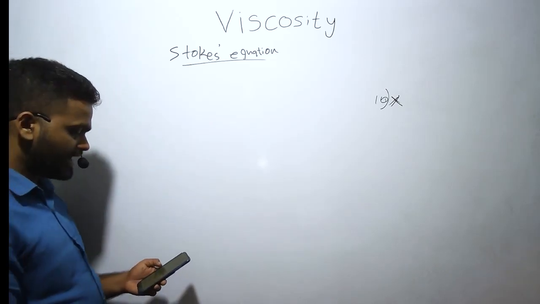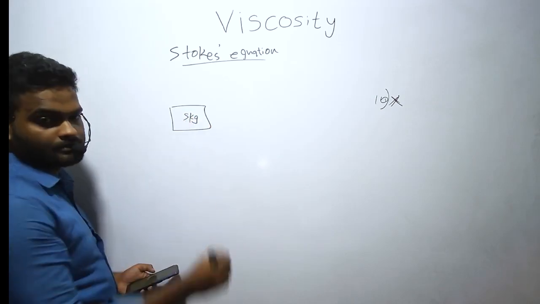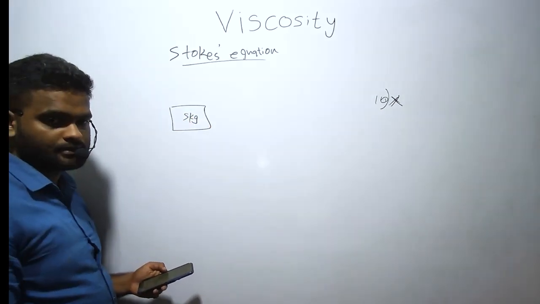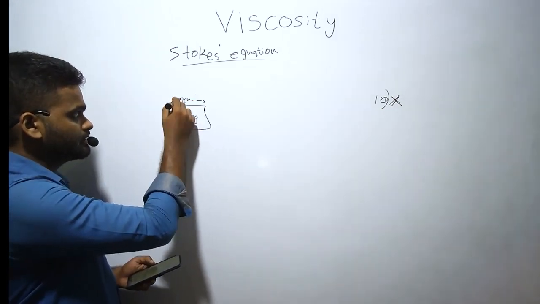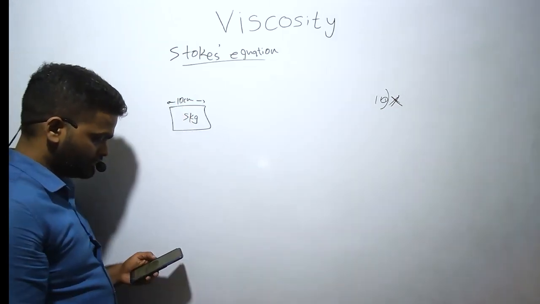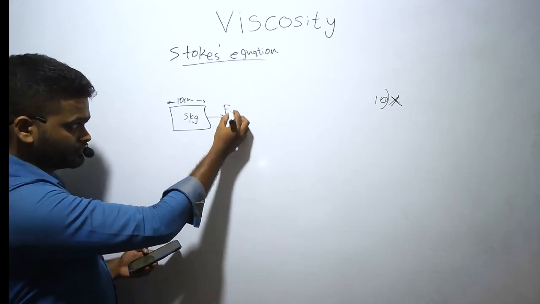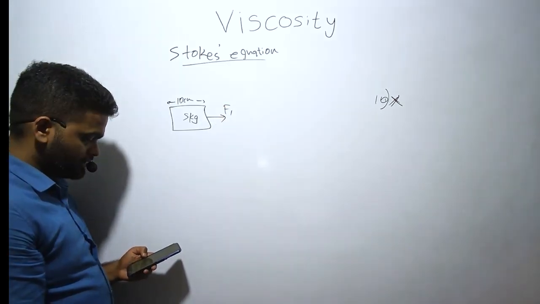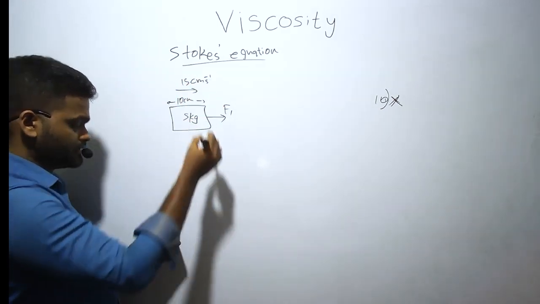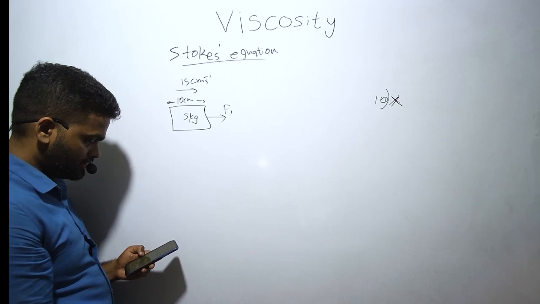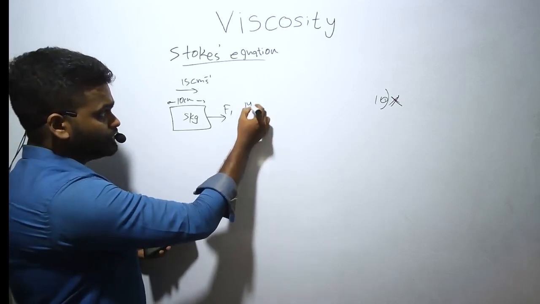A cube with mass 5 kilogram. Draw sketches, right? 5 kilogram and side length 10 centimeter. It's pulled by a F1 force. So it moves at 15 centimeters per second. Kinetic friction coefficient, they have given mu.